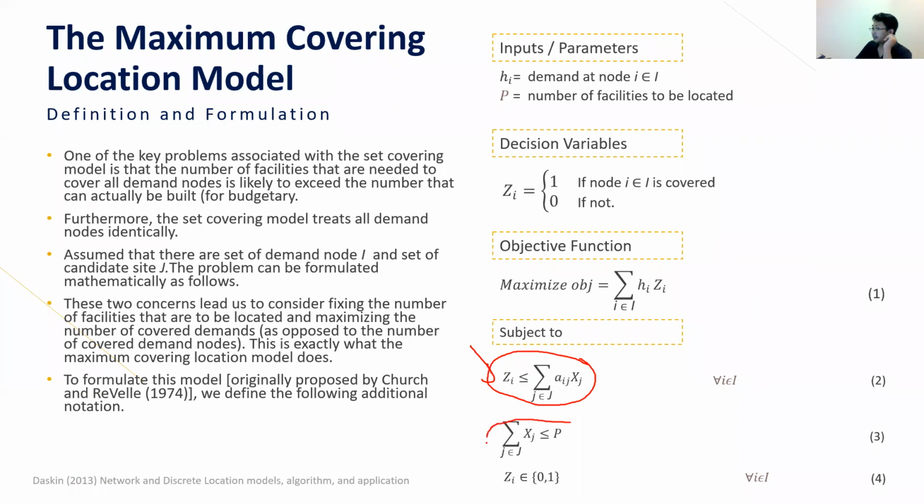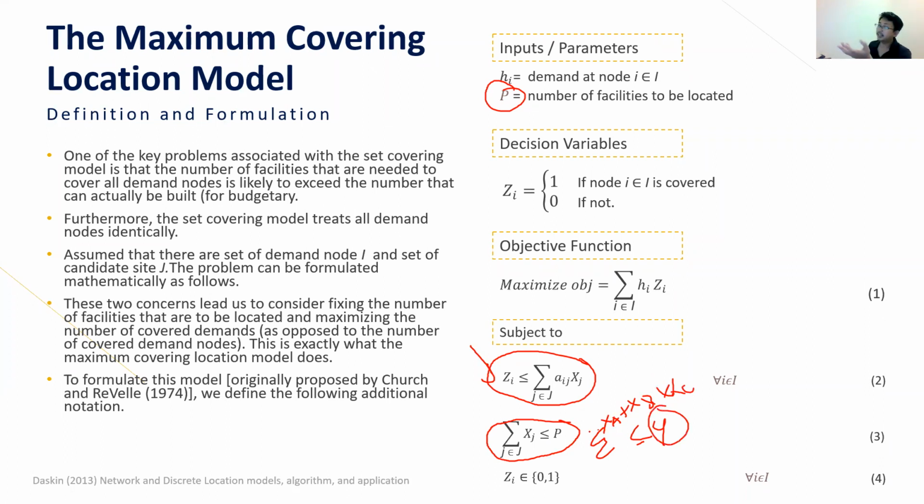And for this one, the total xj being used should be less than or equal to p. p is the number of facilities that are able to be allocated. For example, you can only use 4 facilities. So xa plus xb plus xc, something like that, until xf should be less than or equal to 4.